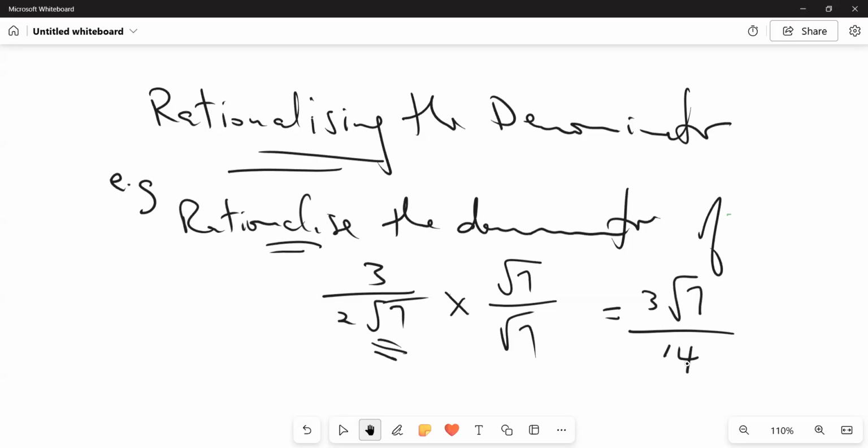And for those of you who are, well, I don't think any of you are old enough to know, a very long ago calculator, this was a hard thing to put in, right? On a long ago calculator, what you'd do is find the square root of 7, press equal, and it's going to give you a horrible decimal. You take that decimal, multiply it by 3, press equal again, and then divide by 14, right? But as I said, to do this with a long ago calculator was very difficult.